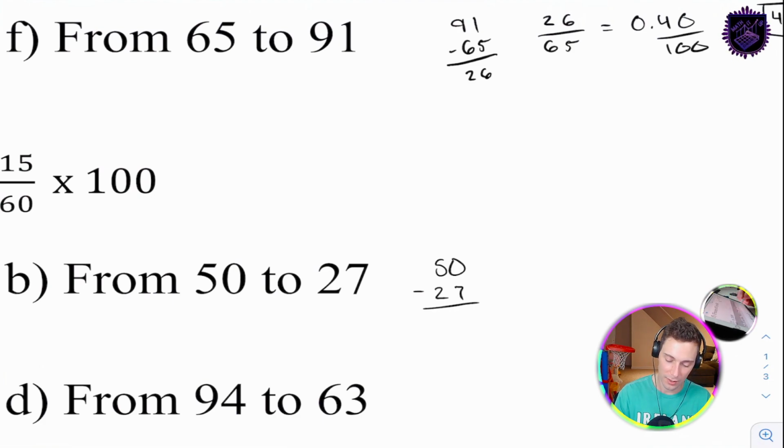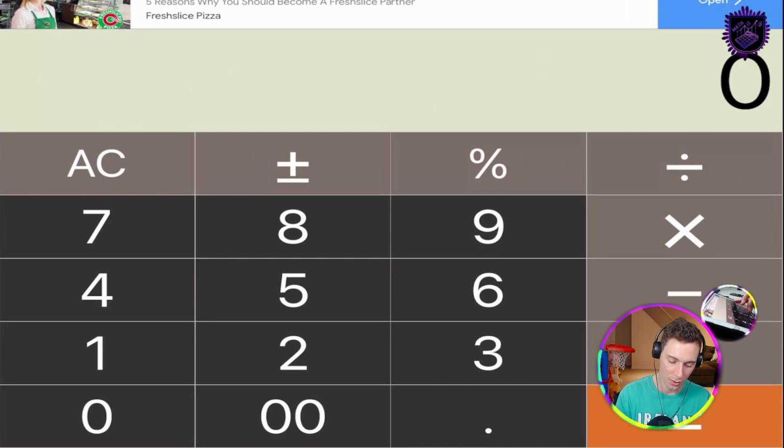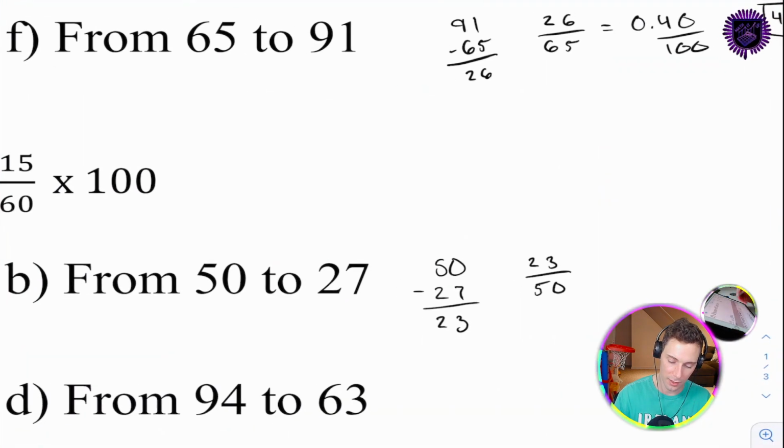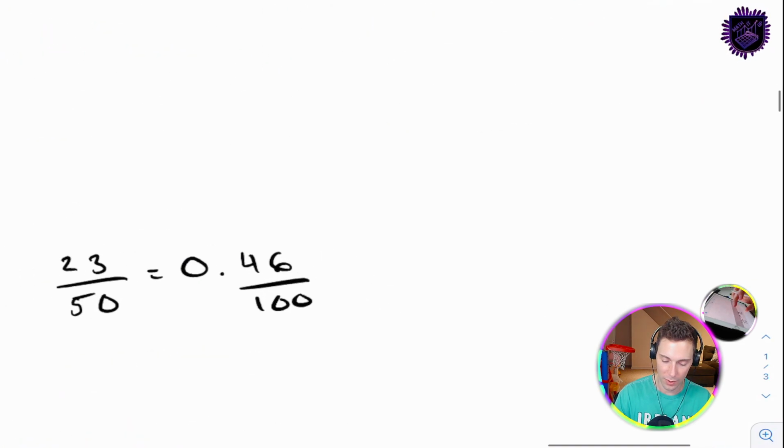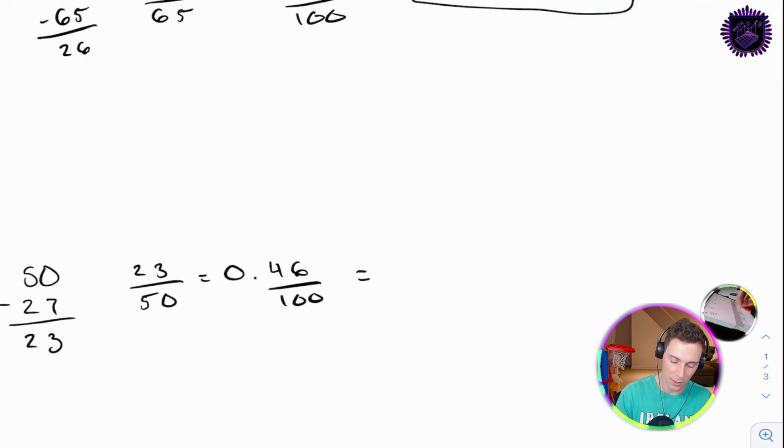So 30 subtract 7 is 23, and that's going to be 23 over 50, which is going to be what percentage? 23 divided by 50 is equal to 0.46, or 46 out of 100, which is equal to 46%.